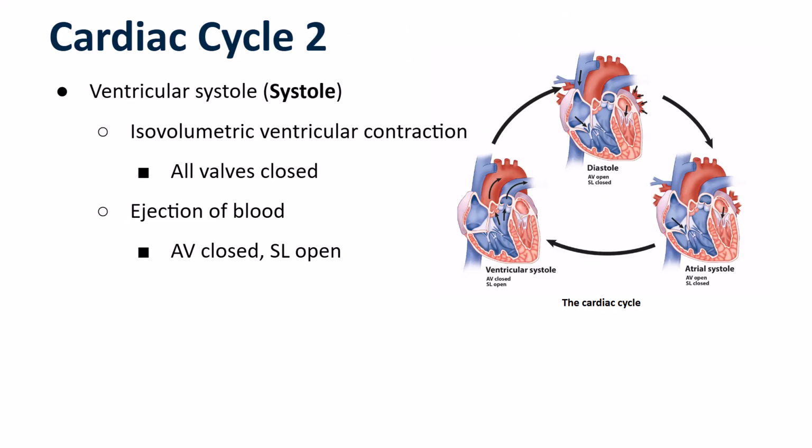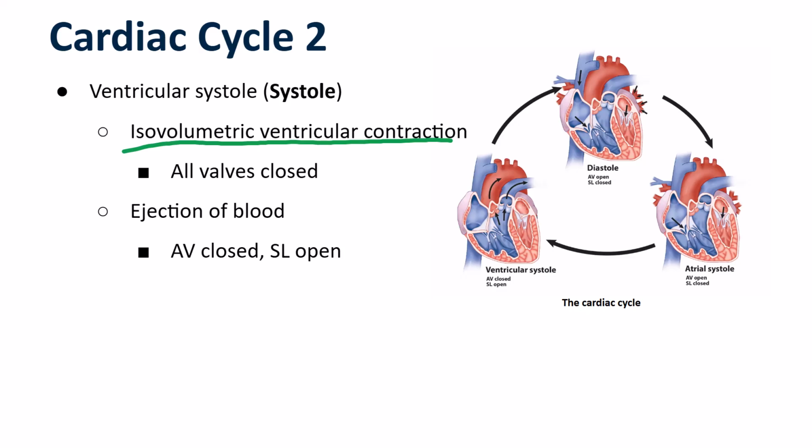We could break ventricular systole, or just what people refer to as systole, like when you take systolic blood pressure, you're measuring their blood pressure during ventricular systole, into two parts. The first part is something known as isovolumetric ventricular contraction. What's happening here is that the ventricles are just beginning to contract, and all the valves, both atrioventricular and semilunar valves, are closed.